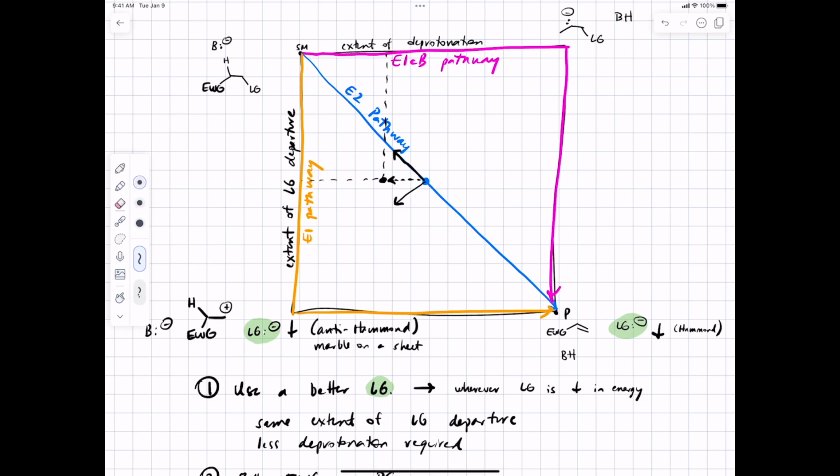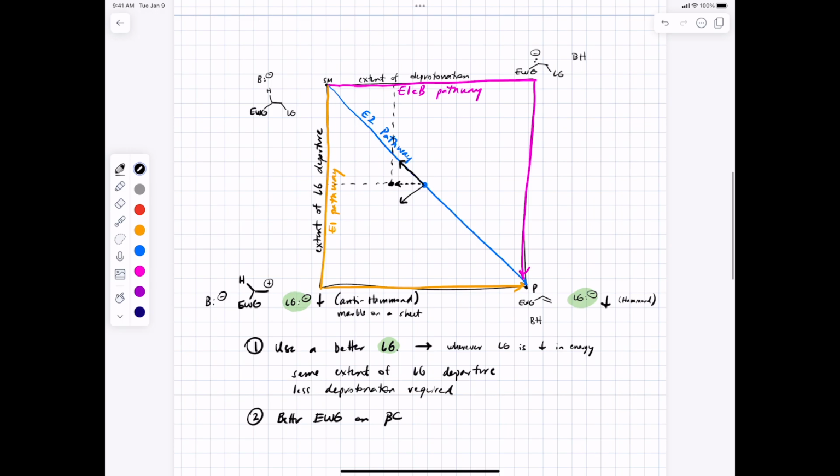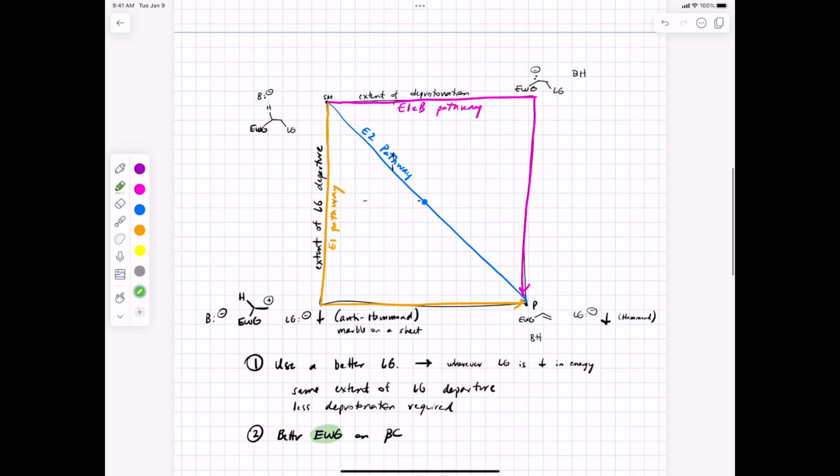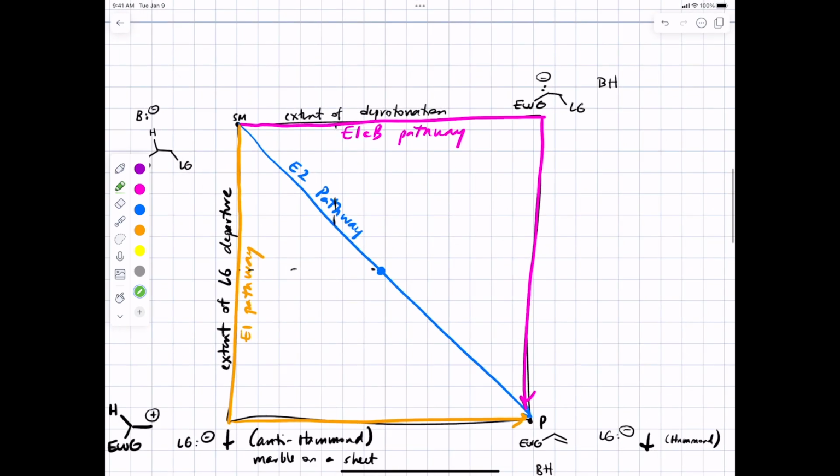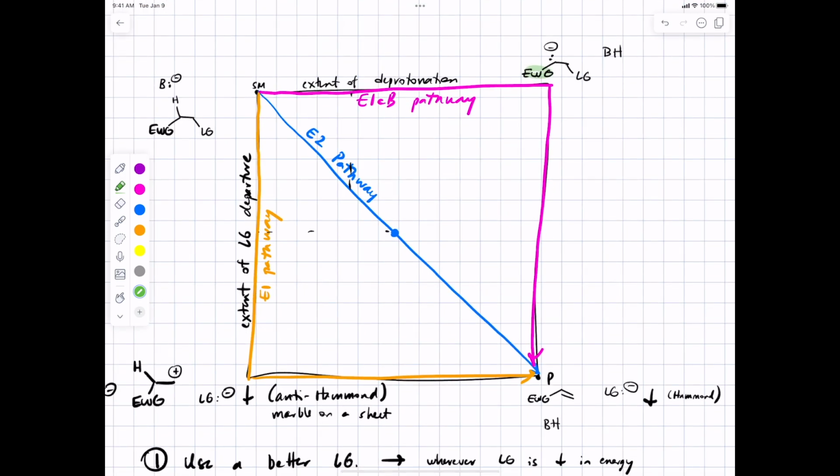And now I'll erase the stuff we did previously so that we can draw on our diagram again. Okay. So, a better electron withdrawing group on the beta carbon. What do you predict that's going to do to each of our corners? I've got an electron withdrawing group here, here, here, and here.